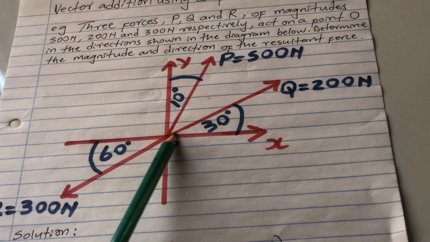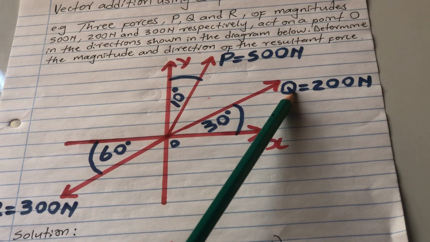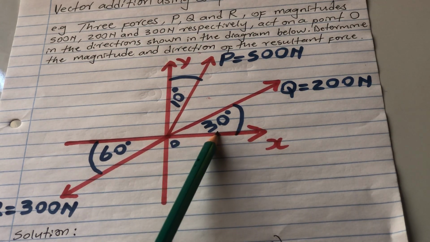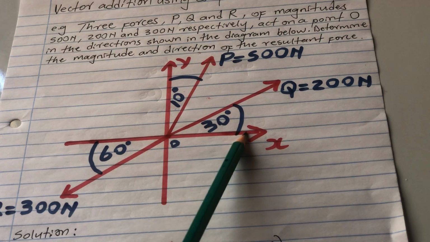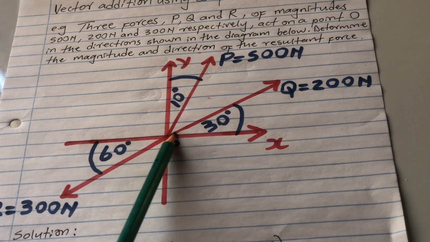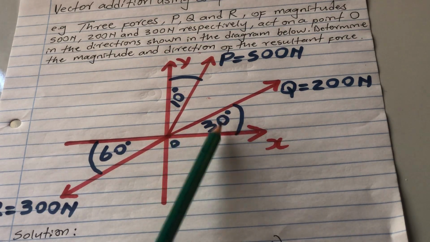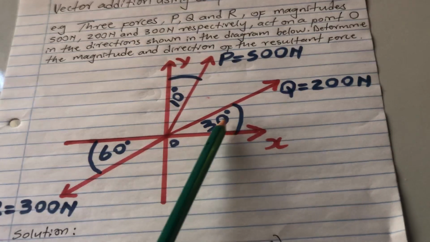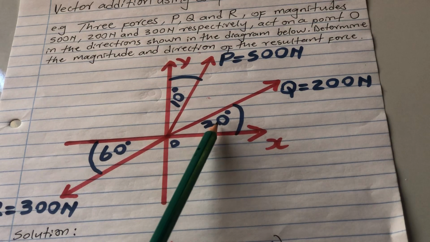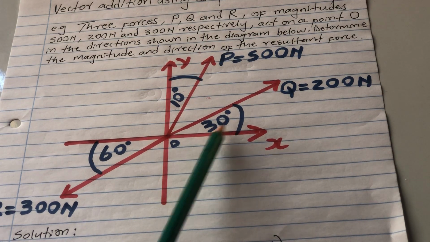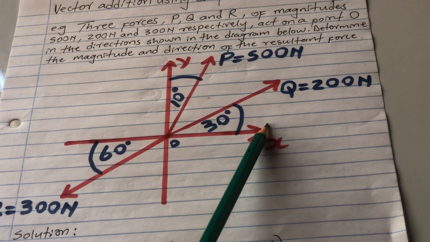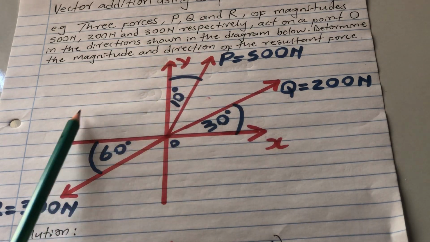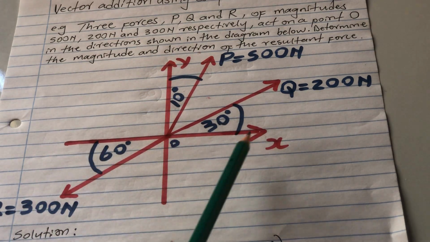This vector Q, if I'm taking it from the positive x direction, is at 30 degrees. The angle between the x-axis and the vector Q is 30 degrees, because here is 0 going up, then 90, 180, 270, 360.